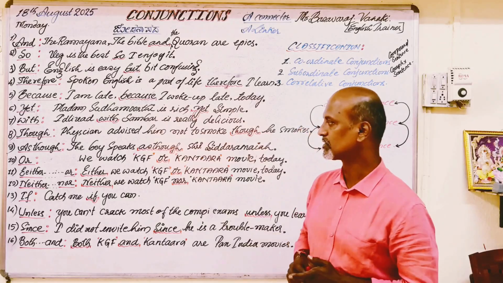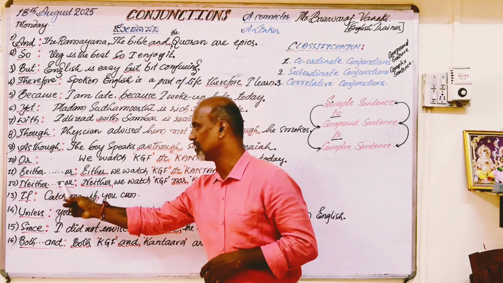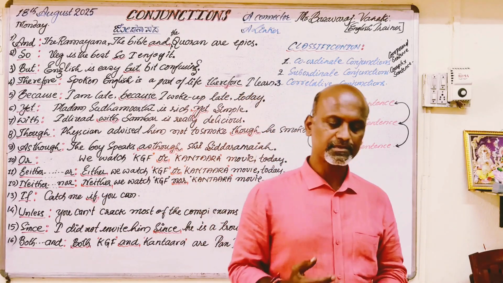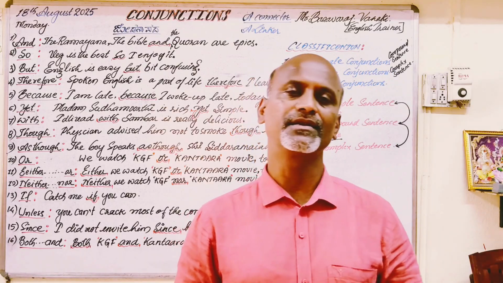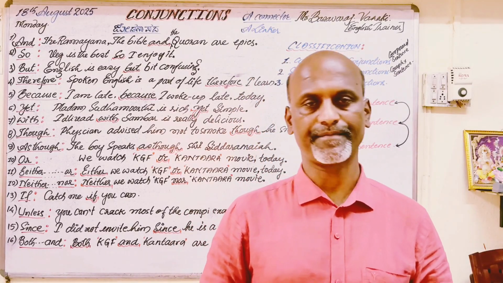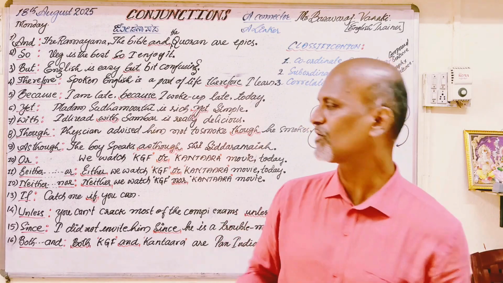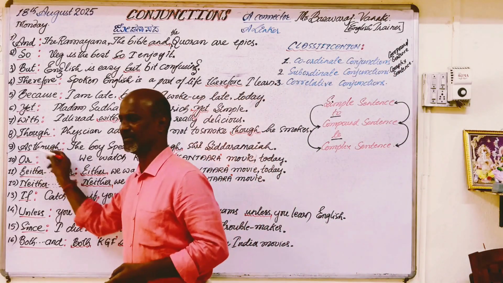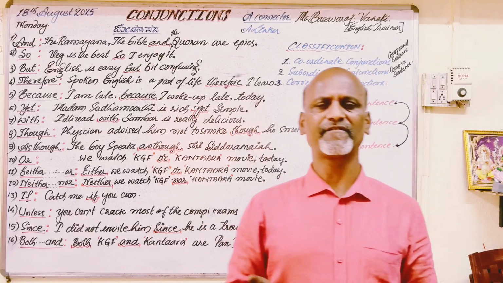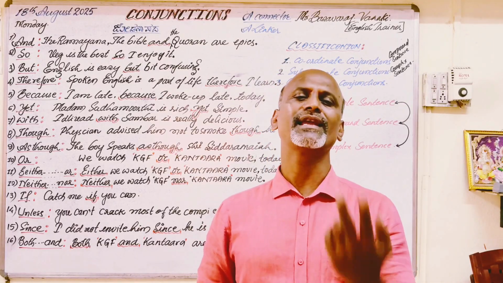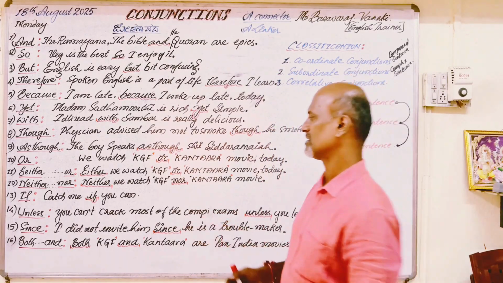Move to the next one. Next one is either or. Children, the pronunciation in British English is either or. What do you mean by either or? Either or is nothing but or only, but the style is different. Or and either are no difference at all. There are two styles of using athava.